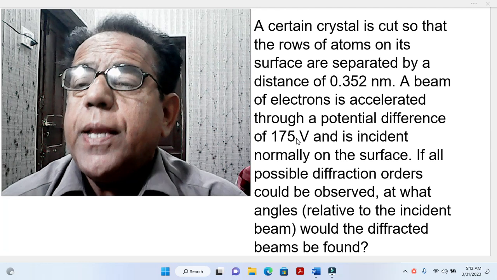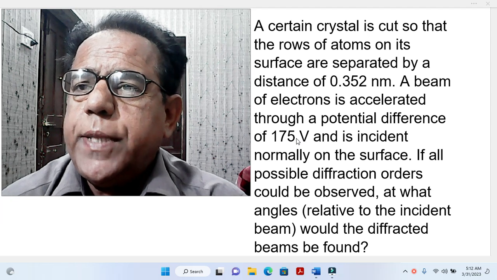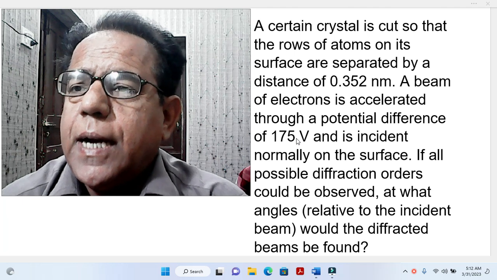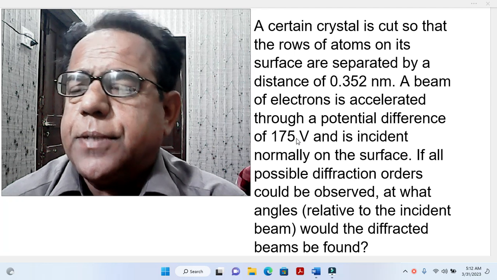A certain crystal is cut so that the rows of atoms on its surface are separated by a distance of 0.352 nanometer.